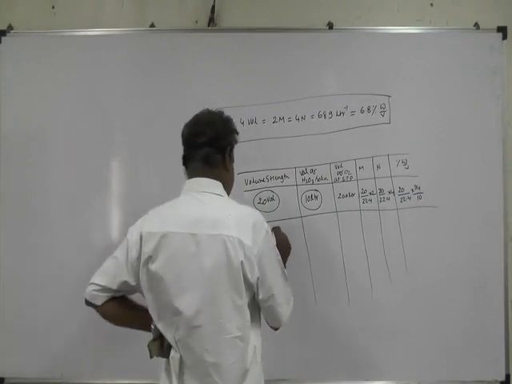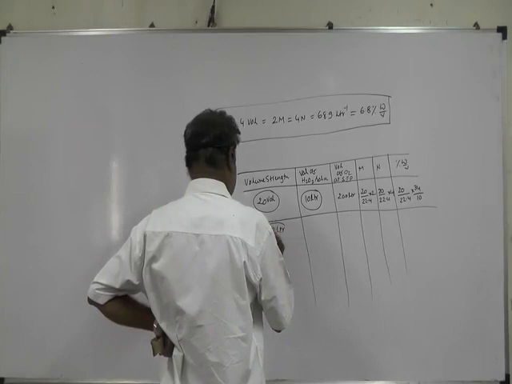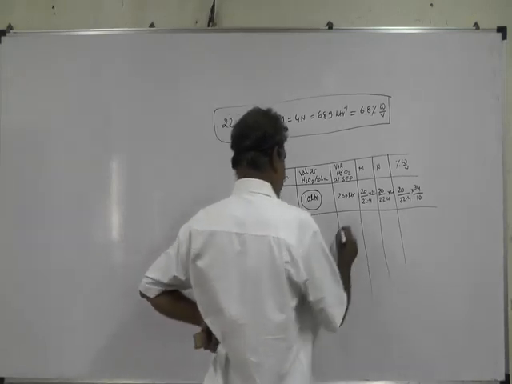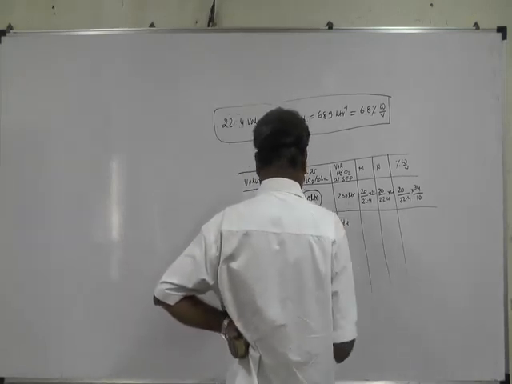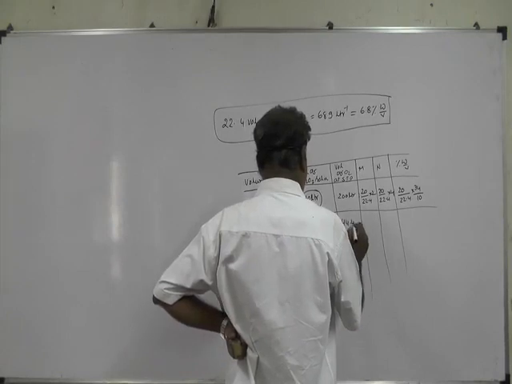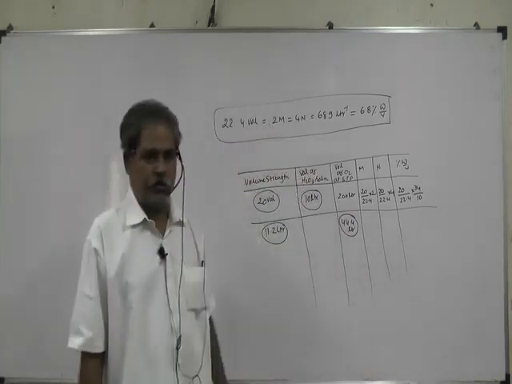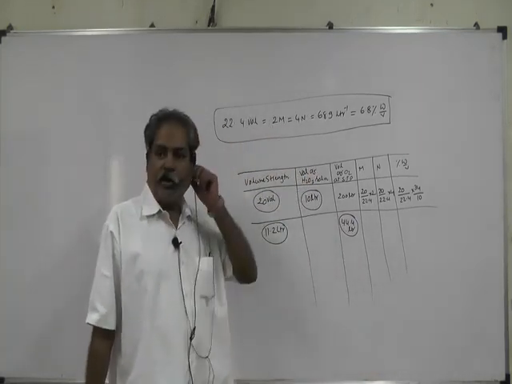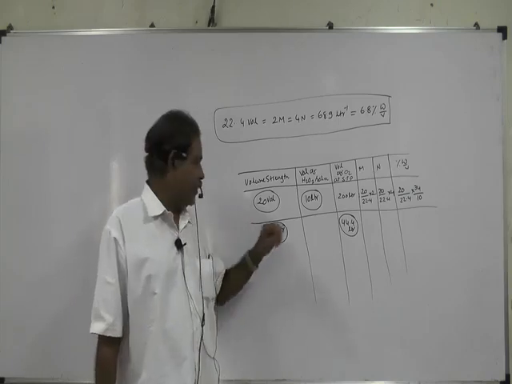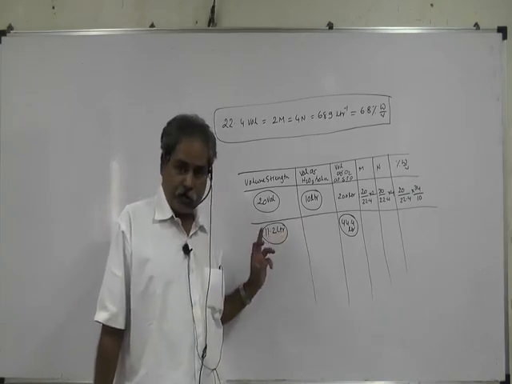11.2 liter produces 44.8 liter oxygen at STP. How many liters are required? 1 liter gives 11.2 liters.